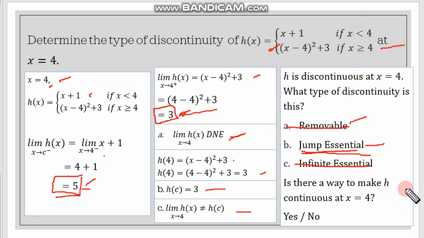Next question, is there a way to make h continuous at x is equal to 4? Yes or no? What do you think? Okay, the answer is no. So unlike removable discontinuity, jump essential discontinuity cannot be fixed. You can verify that here on its graph.